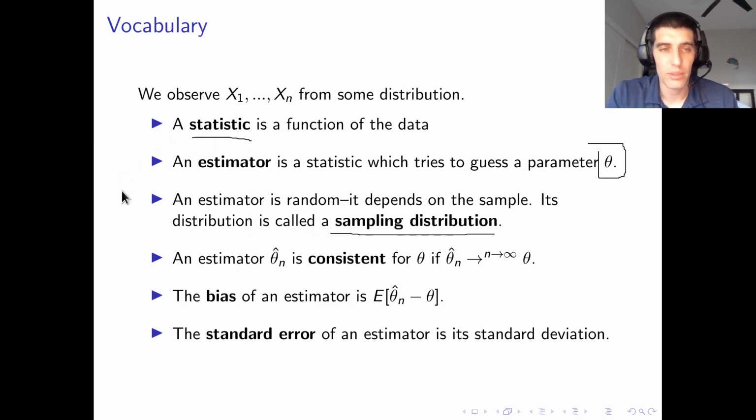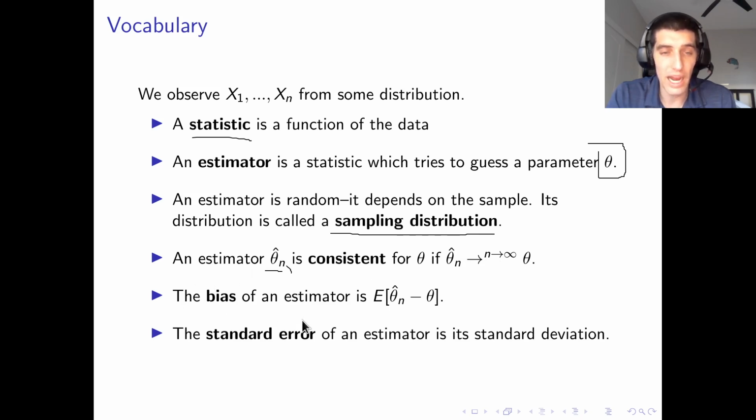And so how can we describe properties of an estimator? An estimator is called consistent. So this is an estimator built on n data points, an estimator of theta. It is consistent for some parameter theta if the estimator converges to the truth as n goes to infinity.